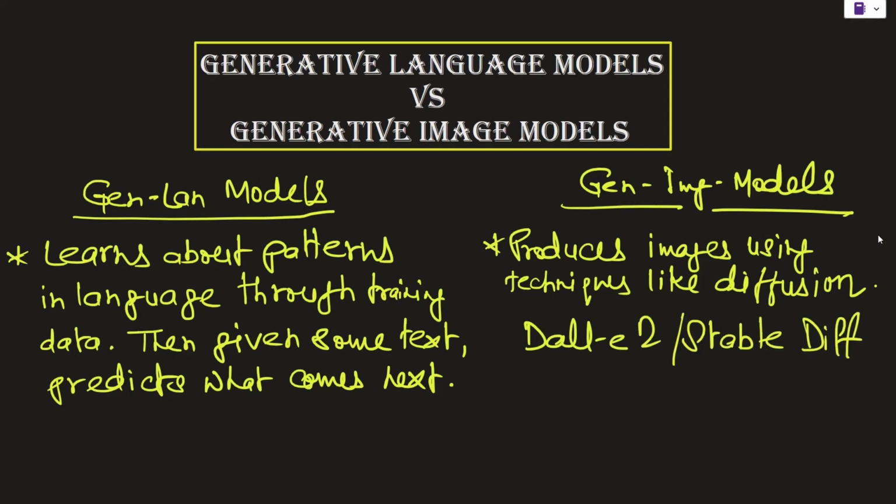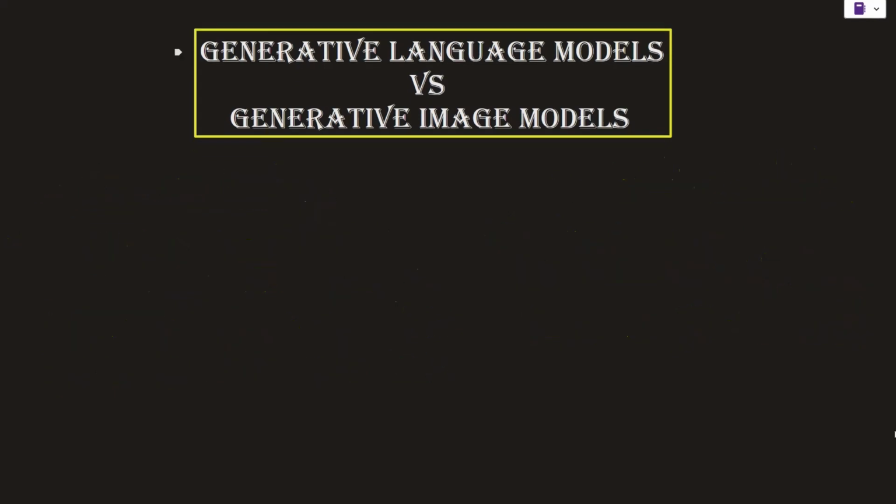So we have some basic understanding of the functionality of a generative language model and a generative image model. Now let's take a very high level overview of the training process behind these models. Let me quickly erase all this first, and let's take the example of a generative language model because that will be easier to understand. Let's discuss how it works.